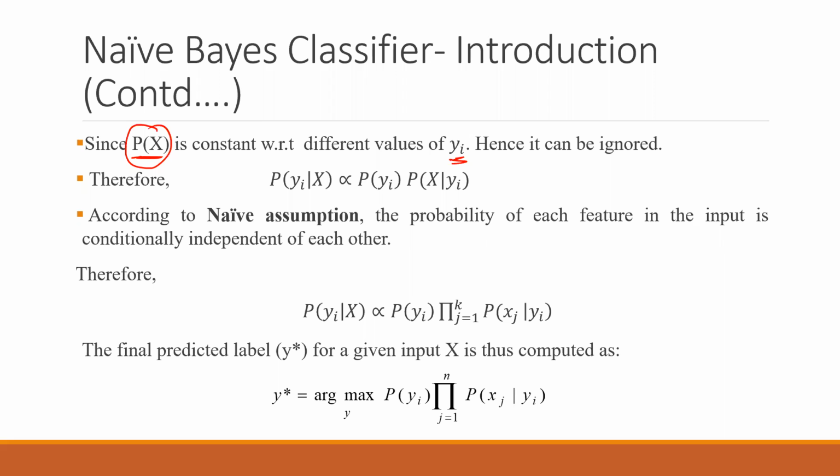So we will not be using the denominator, but we can say that P of y given x is directly proportional to P of y into P of x given y. This is the prior probability and this is the likelihood. We will be using this updated equation to understand and implement the naive Bayes classifier.